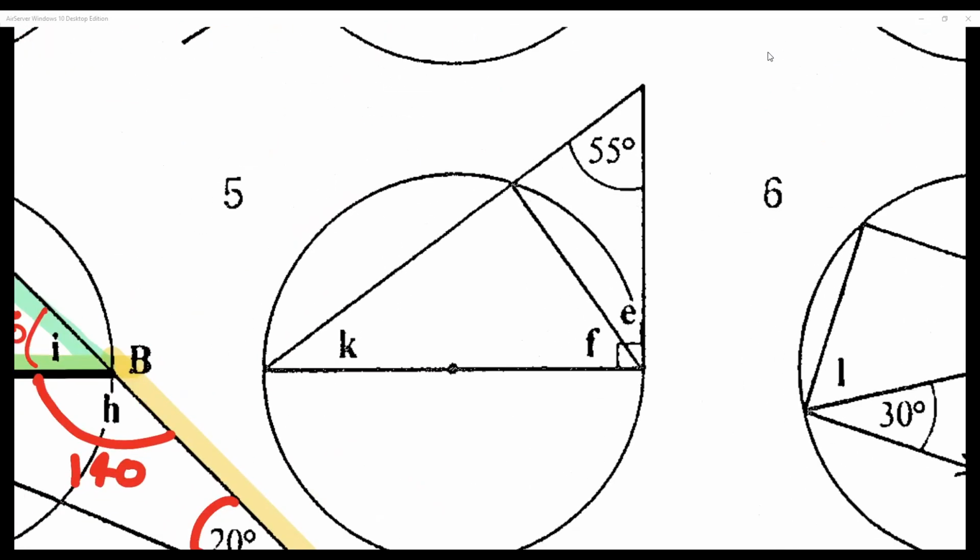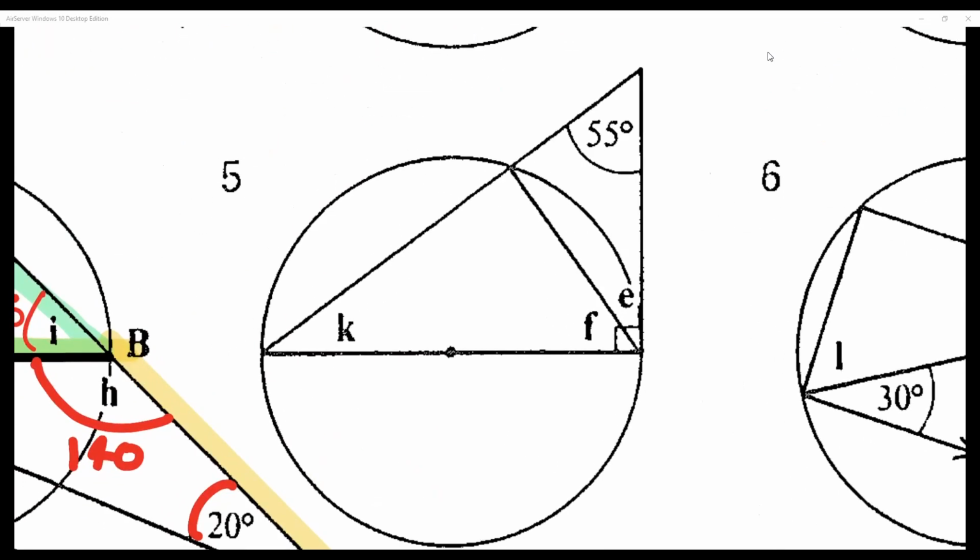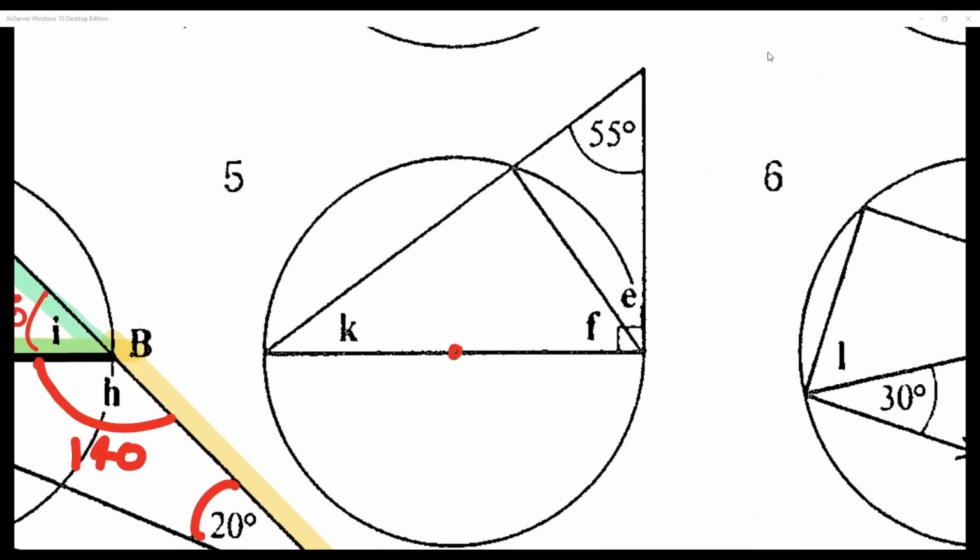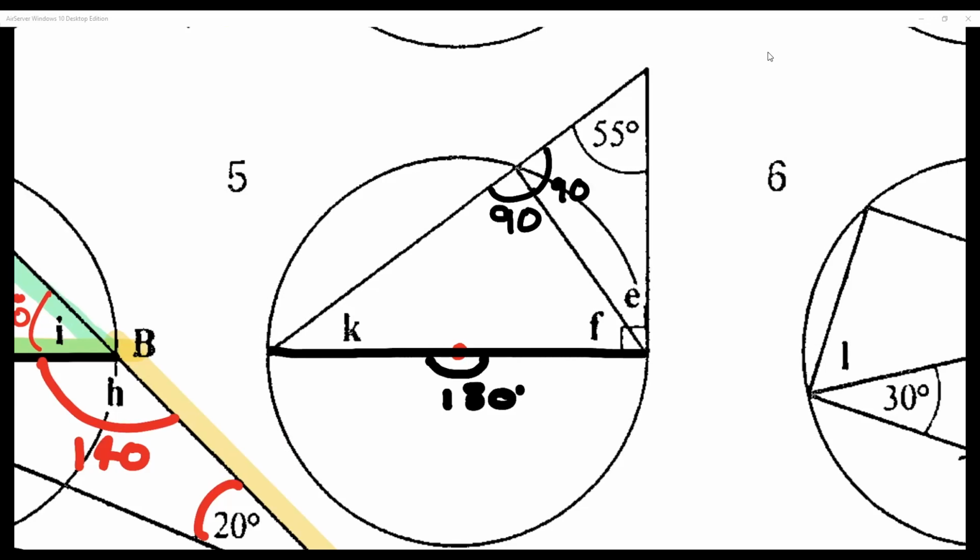Question number 5, Bilkis. So here's the special important dot. That is 180, obviously. That's the top of 90. And what's this one here? That's 90. So what's this one here?